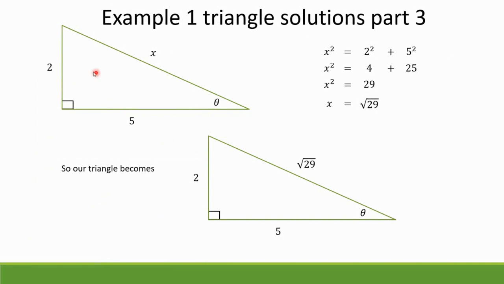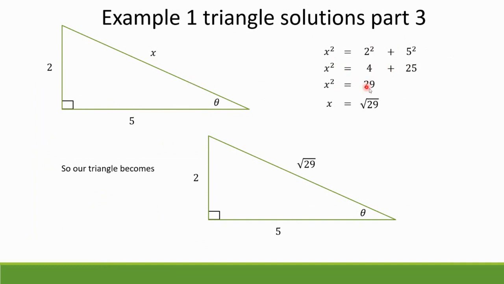Okay, so from Pythagorean's theorem, we know that 2 squared plus 5 squared is x squared, which is equivalent to writing this. So we get x squared is 2 squared plus 5 squared, okay? And so x squared is 4 plus 25, which is 29.